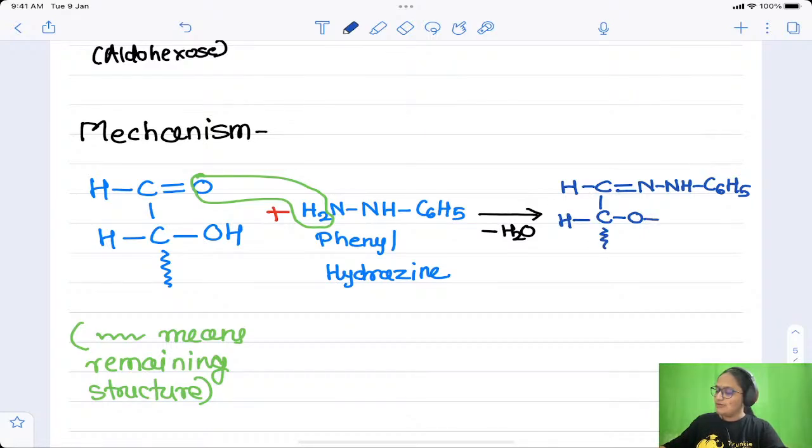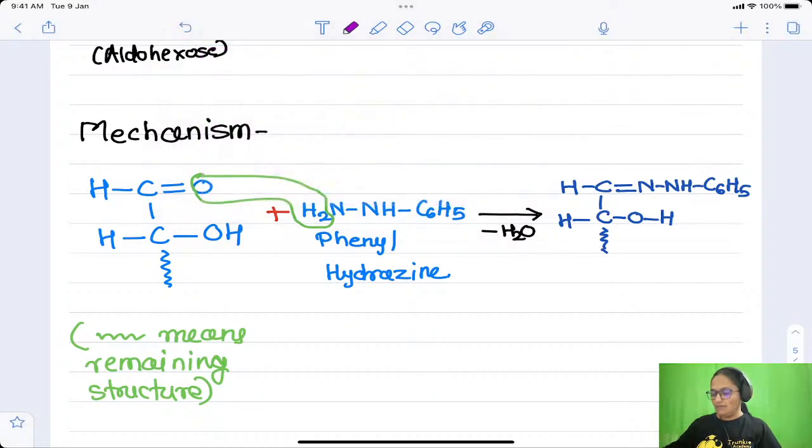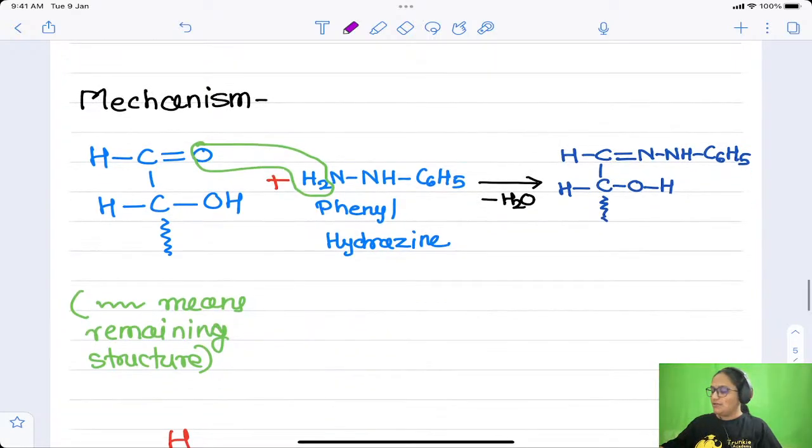This OH I am going to write down like this, just expanding, because it is going to further take part in the reaction. So this kind of addition product we are getting. Then further it undergoes tautomerization. Whatever is produced here undergoes tautomerization. So let me write down here.